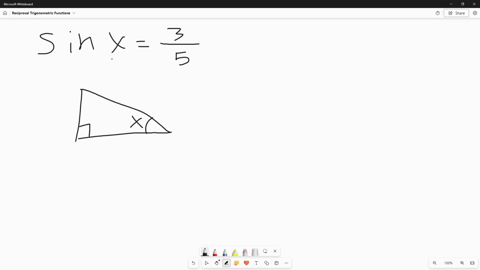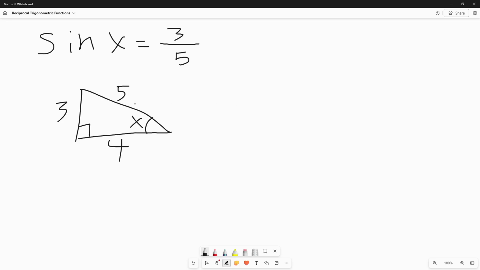Since sine of x is opposite over hypotenuse, 3 will be the opposite side, and the hypotenuse will be 5, given by the fraction. And then we can use the Pythagorean theorem to find out the missing side right here. So you can just do that yourself, but the missing side is 4.